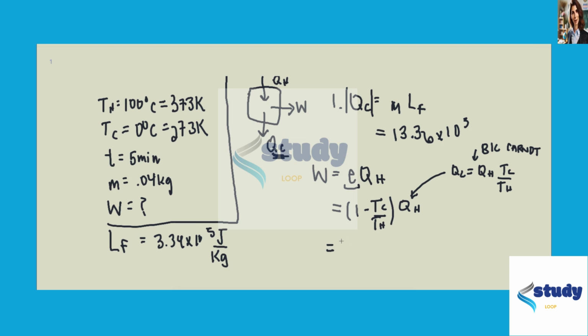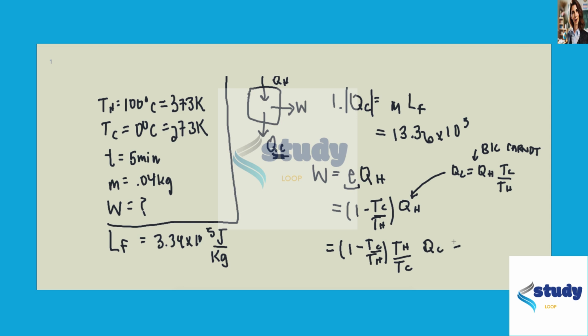Great. So then I'm going to algebraically simplify this: 1 minus TC over TH, and that means QH is equal to T hot over T cold times QC.